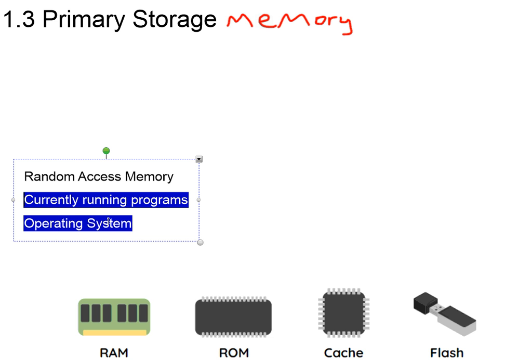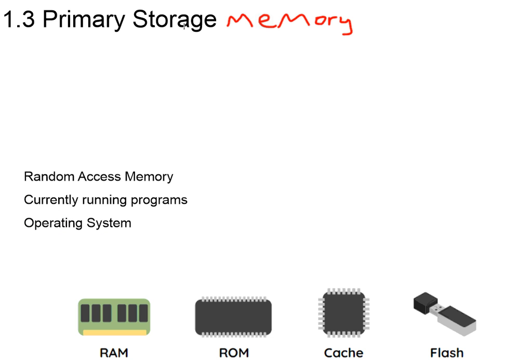For each type of primary storage, you can also classify them as volatile or non-volatile. So if something is volatile, it means that when you turn the power off, the data is deleted.